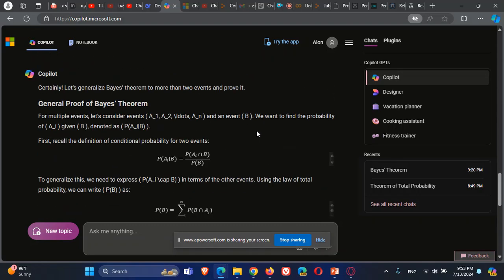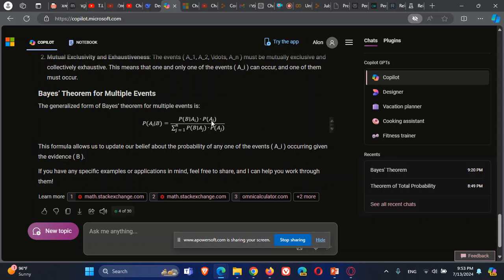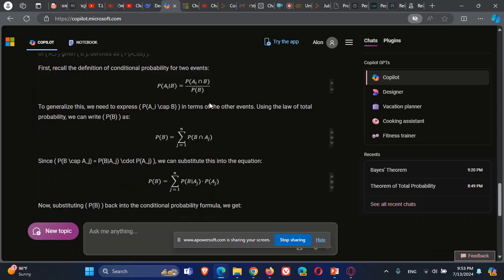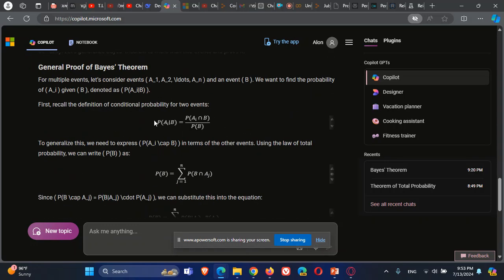Now let's see how we can derive the general Bayes theorem formula you can see here. We start with the conditional probability.